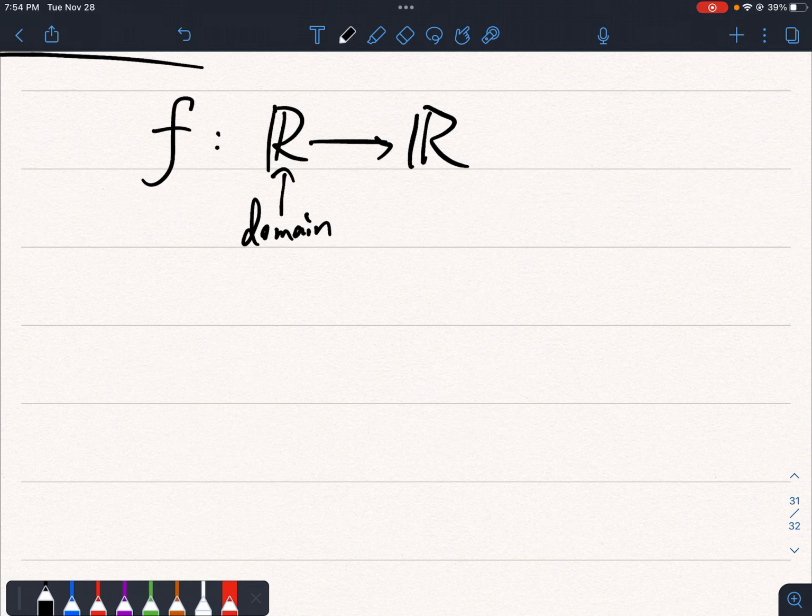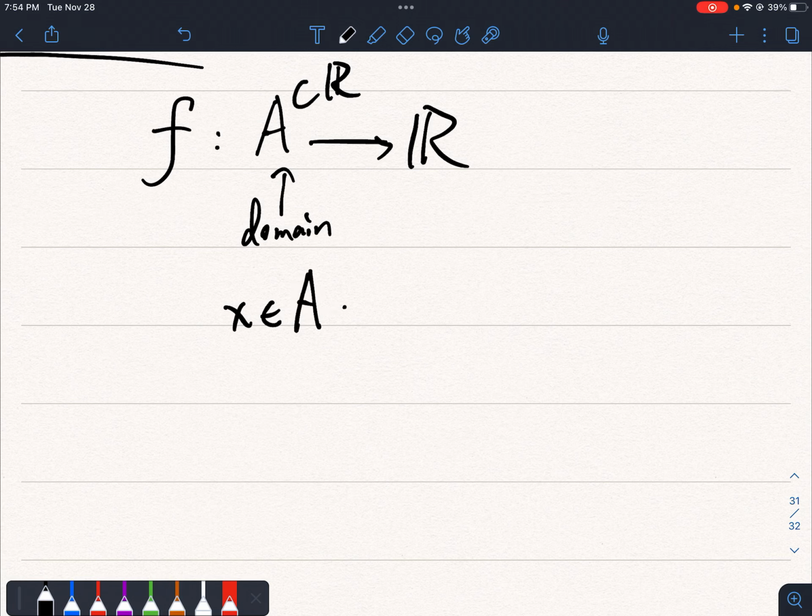And whenever it's defined, we assign a value to it. So for each x in the domain, in this case it's R, but in this course it can be anything, let's say any A, which is a subset of R. So we can define functions on only subsets of R.